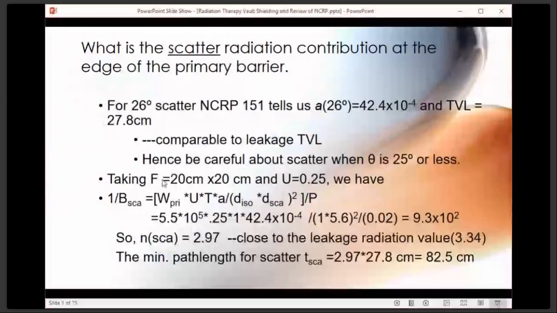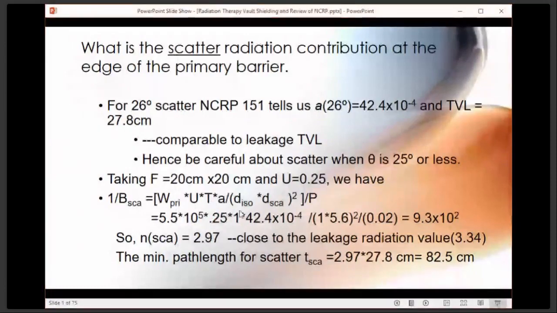So taking our field size to be 20 by 20, we go back to our formula from before for the scatter radiation calculation. We have our primary barrier workload, because that's what's incident on the patient, times the use factor, which in this case, the beam is pointing in the proper direction to be scattered at the angle we said, 26 degrees, only 25% of the time.